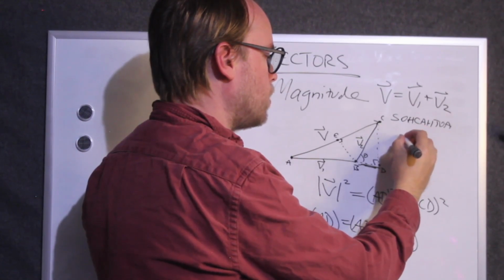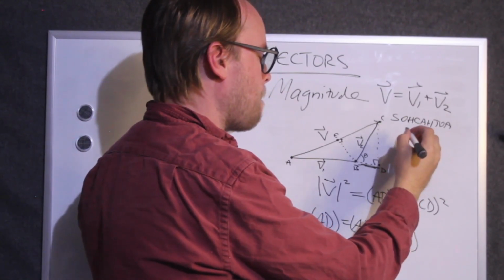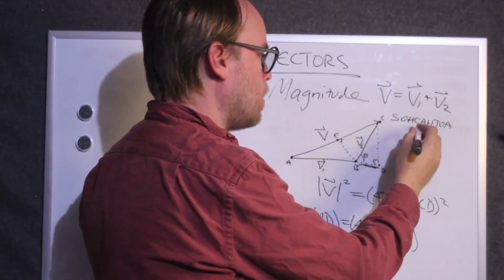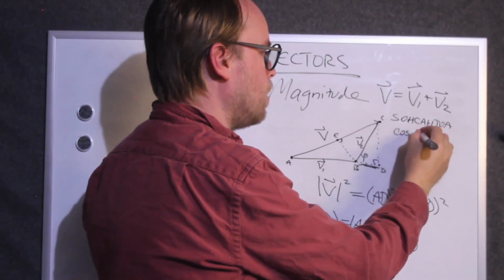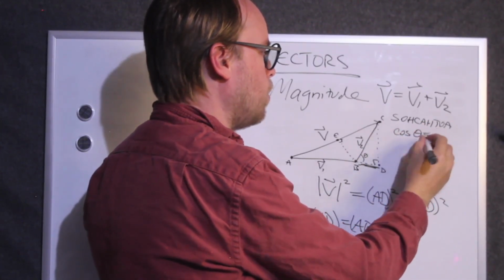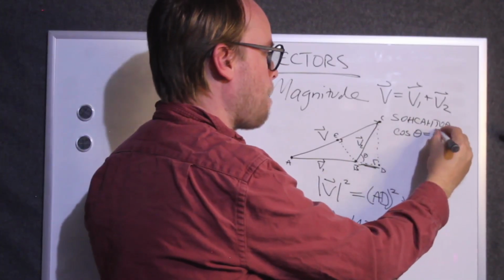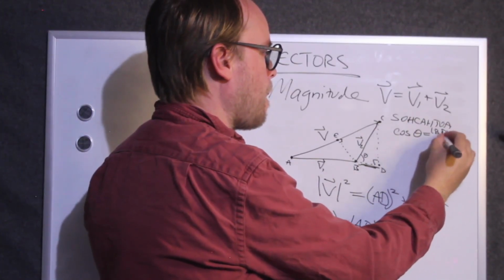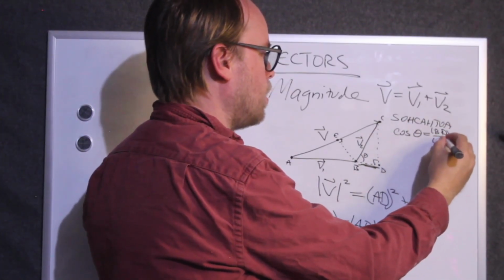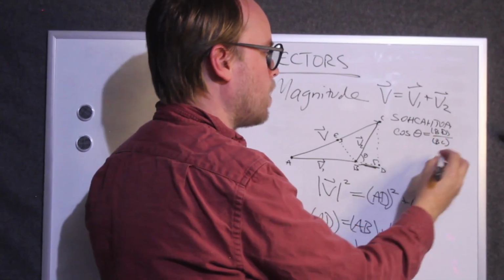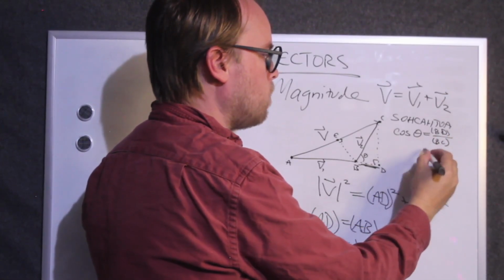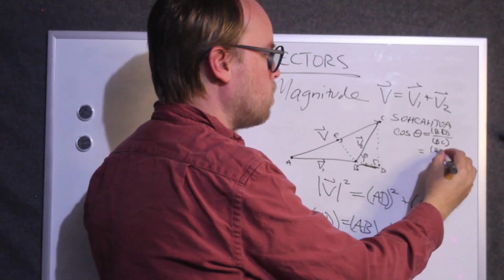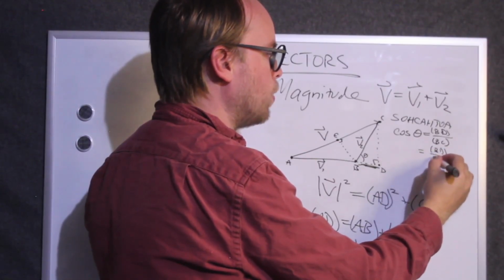So we've got the cosine of theta equals the adjacent over the hypotenuse, BC. Well, BC is just V2.